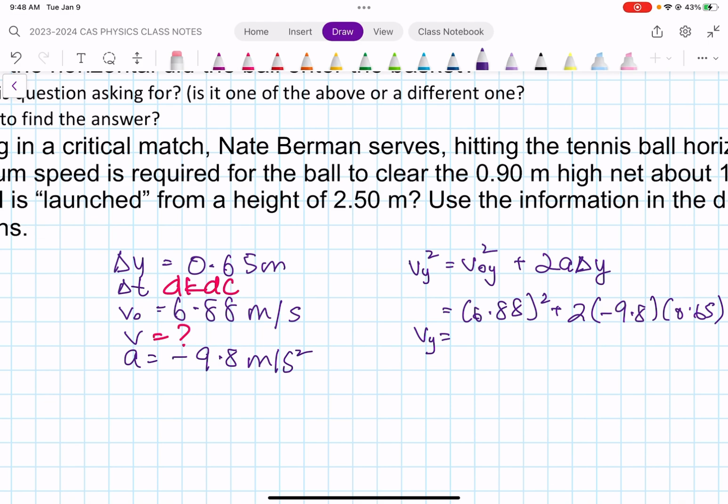Take the square root of that and we get 5.88. So the final y velocity is 5.8817 meters per second.